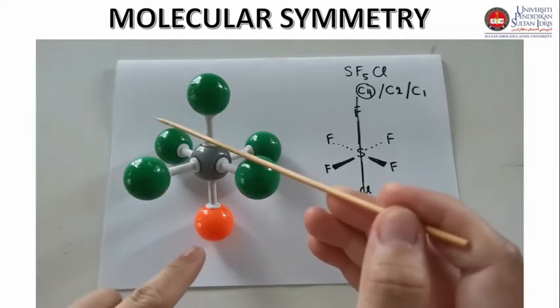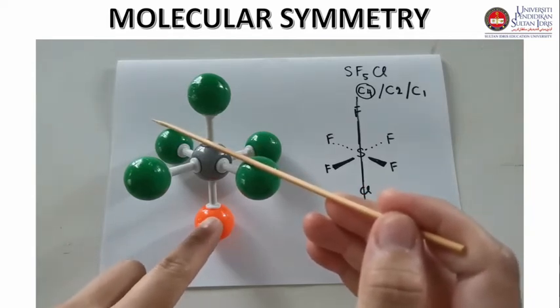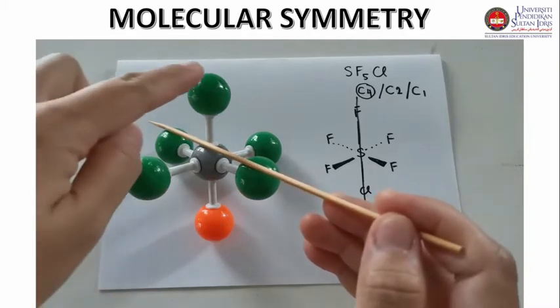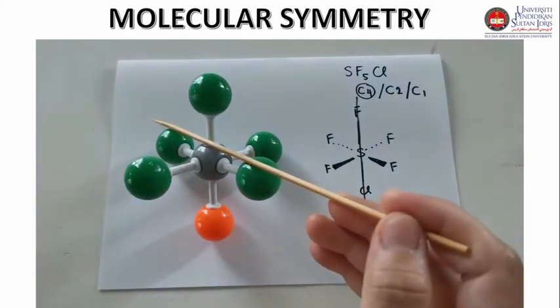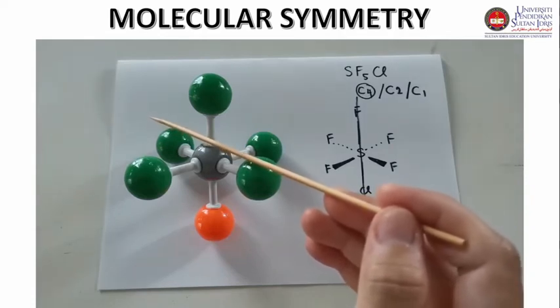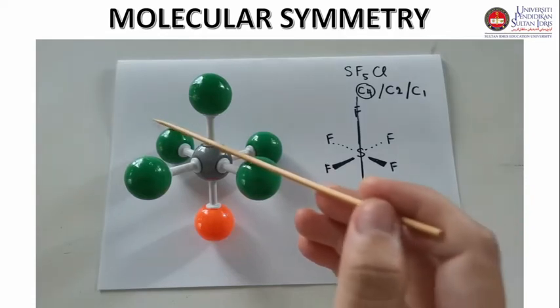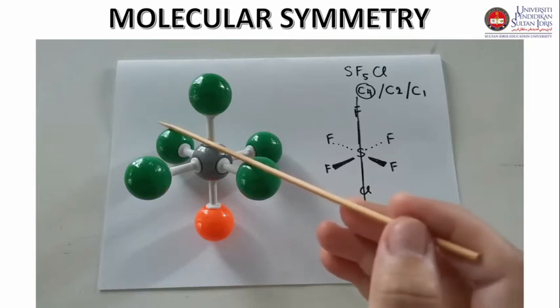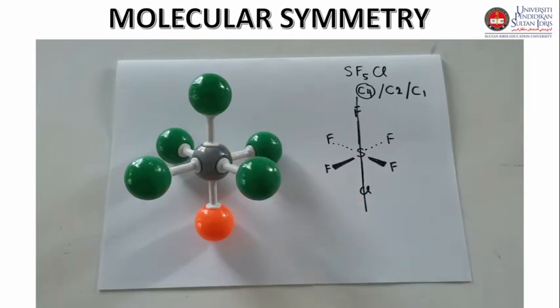So this axis does not exist in this molecule, because if we rotate 180 degrees, then also we cannot get an equivalent configuration, because the chlorine atom is replaced by a fluorine atom. So an equivalent configuration is not obtained along this axis, so this axis is not present in this molecule. Okay guys, I hope you clearly understand this.